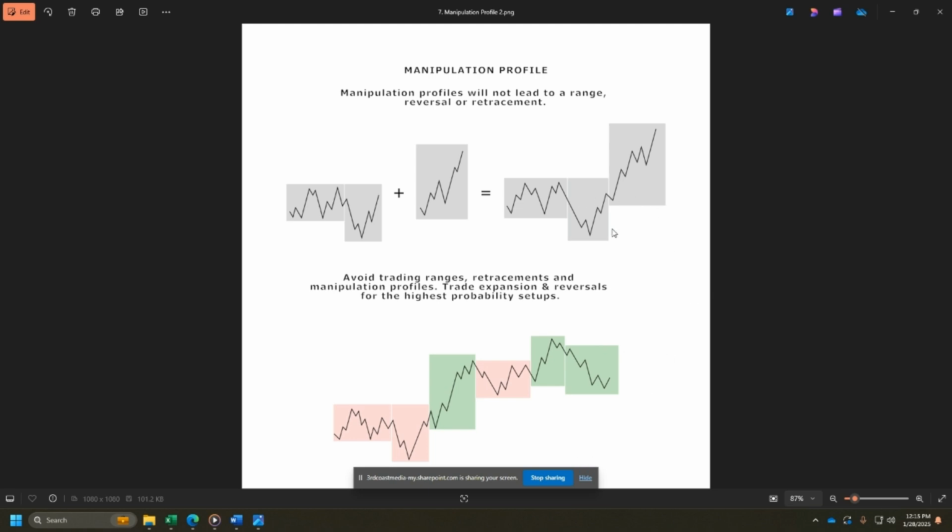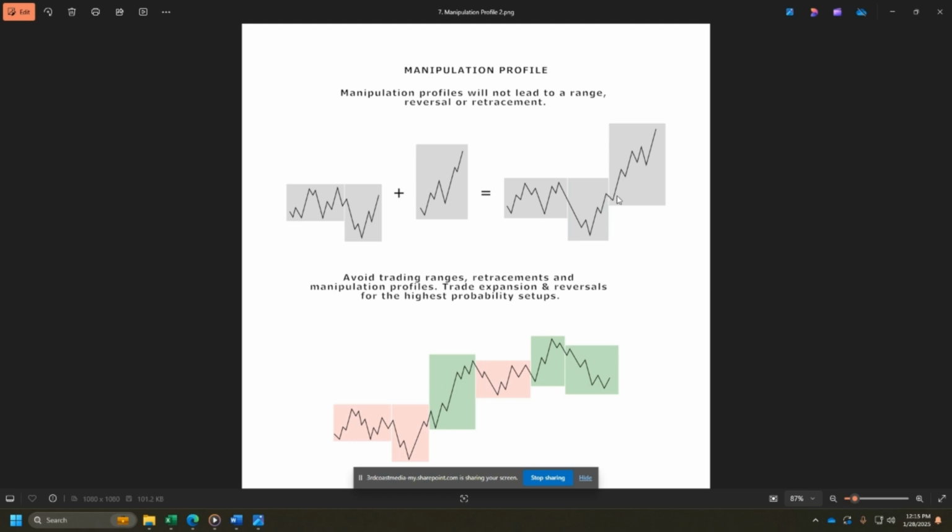Of course, there are scenarios where price will not expand in the direction that we are expecting. We consider those low probability conditions. If we're taking entries that align with our trading rules, so if you have a setup that's valid and you enter a legitimate position and the trade doesn't go your way, that's what your stop loss is for.